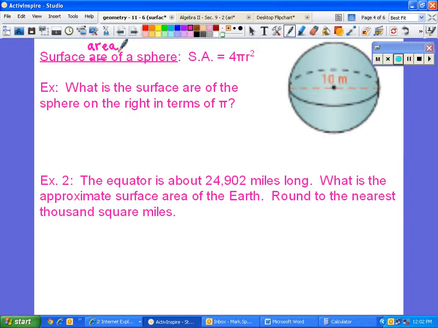It's the area of the circle. Basically if you took a sphere and you opened it up, what you would get is 4 circles. You divided up a sphere into 4 circles. And that's why the surface area is simply the area of one of those circles times 4.